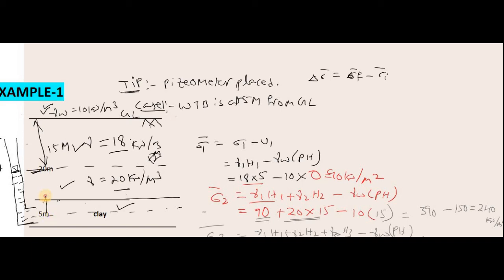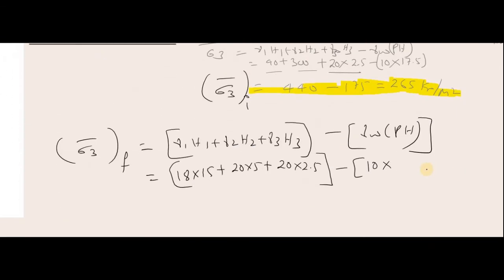So here it is 2.5 and this is 5, so the total pressure head is 7.5. That gives 75, and the total is 420. 420 minus 75 gives 345 kilonewton per meter square.